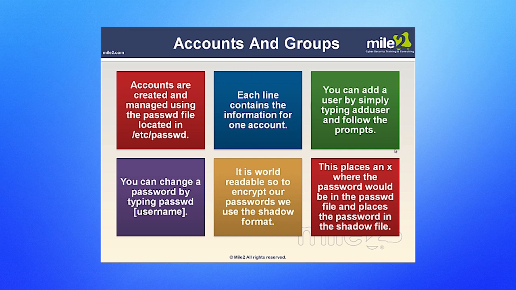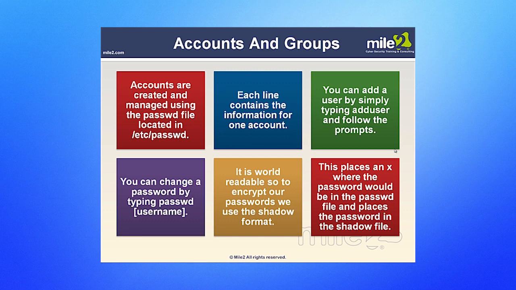And you will find that there are user accounts listed there. Each line will actually show this. And they do have commands such as adduser to actually add users from the command line. We can also change the password with the passwd command followed by the username.